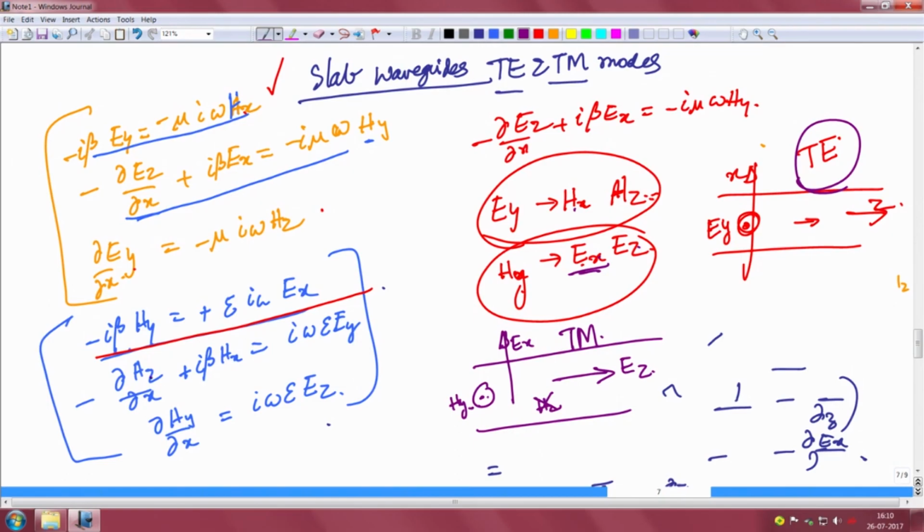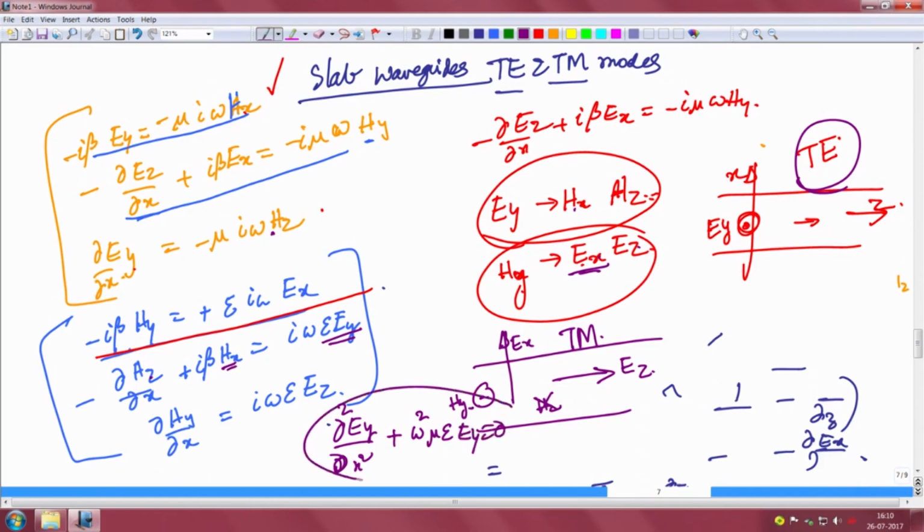We can use the other relationships to eliminate the other variables. For example, the Hz variation is there and you can replace it. So, you have del square Ey by dx square related to Ey, and you can get omega square mu epsilon into Ey.